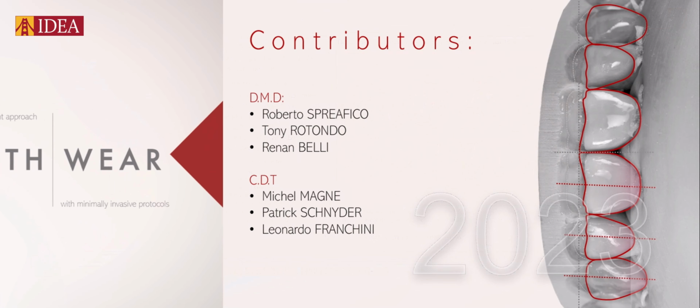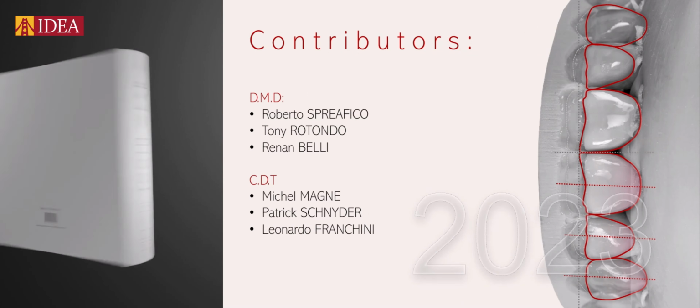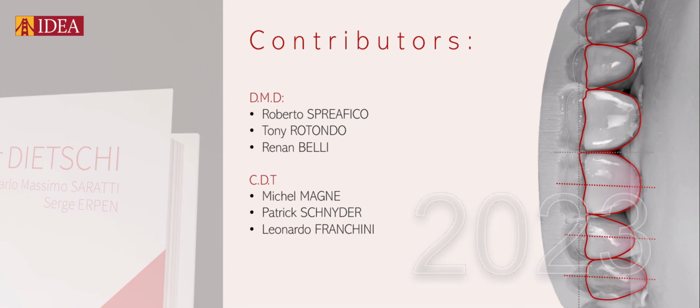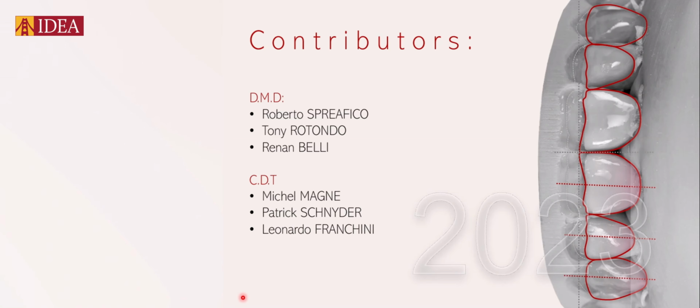And in this book that I wrote with a few colleagues and experts, published in 2023, I was, of course, developing all those concepts, this couple of decades of experience in treating tooth wear that I would like to summarize in this presentation.